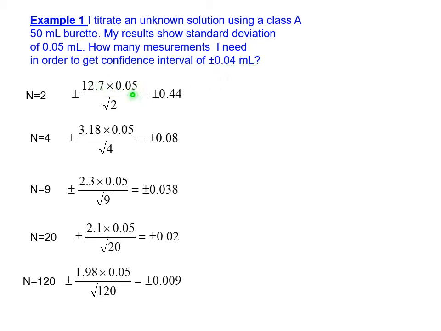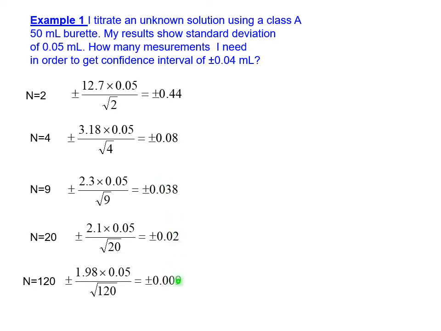Okay, looks relatively easy because I'm plugging the numbers into a formula, and it's visible that for two measurements confidence interval is very large, plus minus 0.44. With four measurements it's much smaller, and at 9 measurements it is becoming smaller than 0.04 mL. We can continue further, and confidence interval is becoming even smaller.